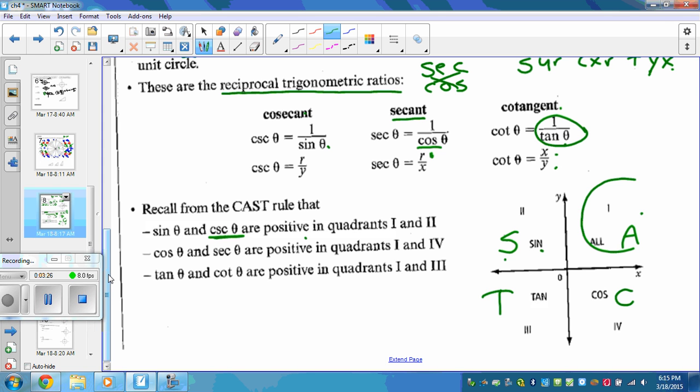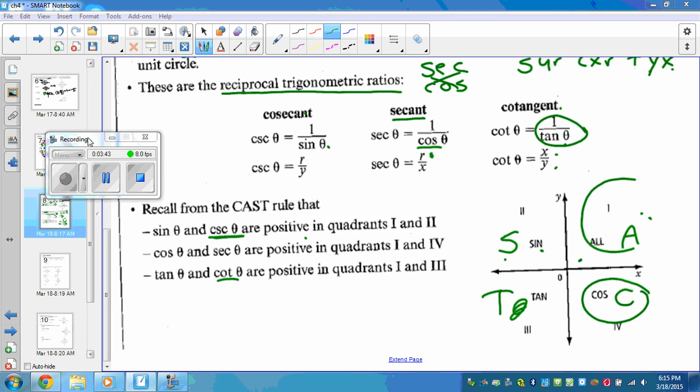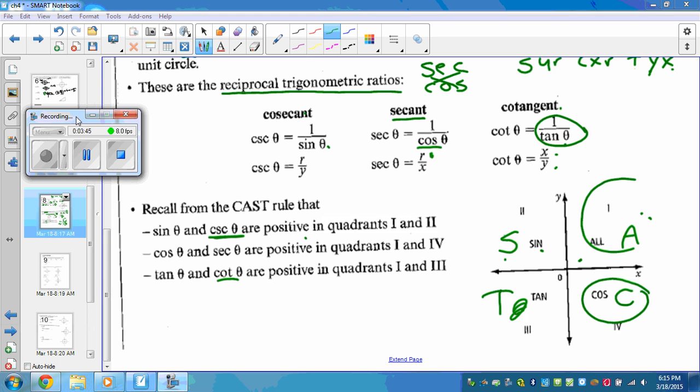Cos and secant are positive in this quadrant and this one. And finally, tan is positive here and there, as well as cotangent, because that is its reciprocal. So this is a good page to keep handy, it has a lot of good information.